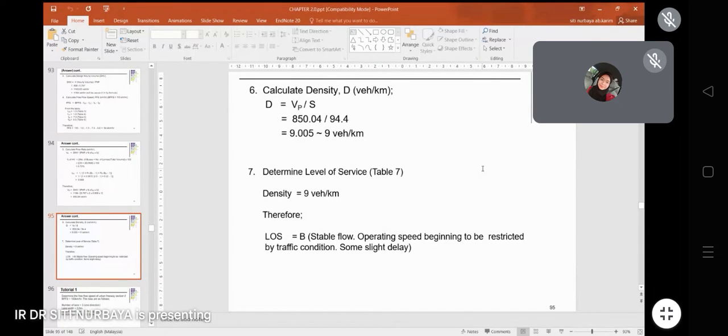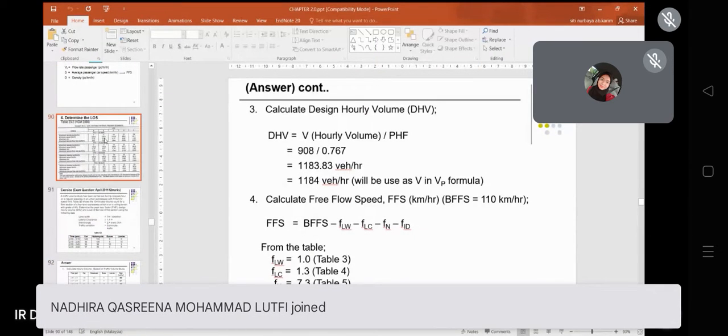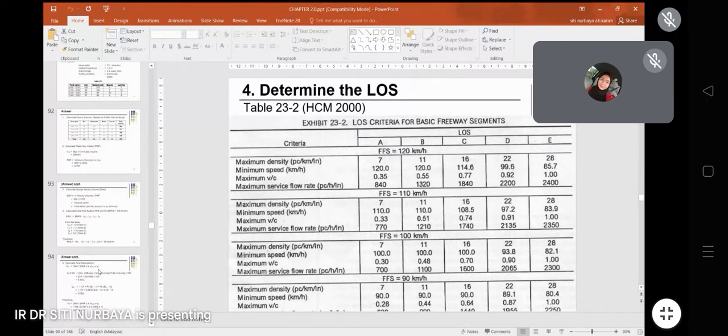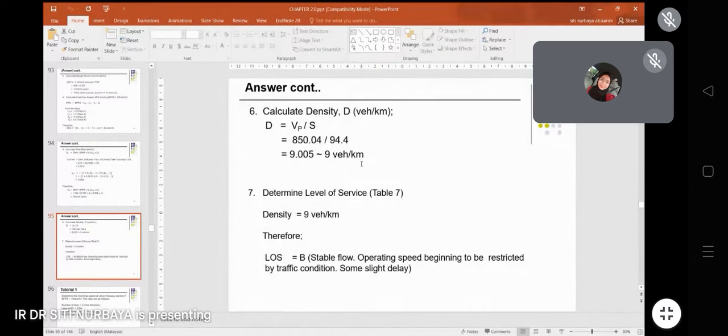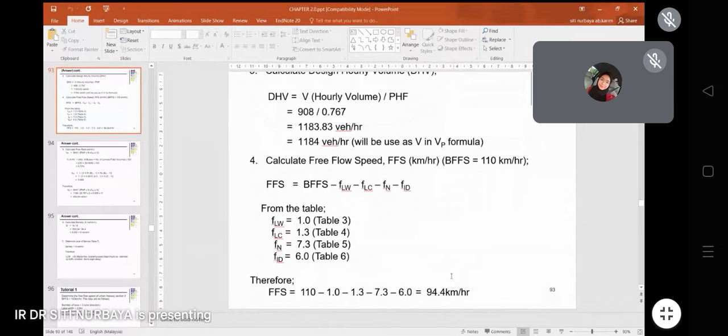Okay, let us see table 7. Sorry, table 7. Oh, this is not table 7. Density. Earlier, what was it? 9 vehicles per kilometer, right? 9 vehicles per kilometer for density. Let's see. The FFS is 94, right? 94.4 km per hour.